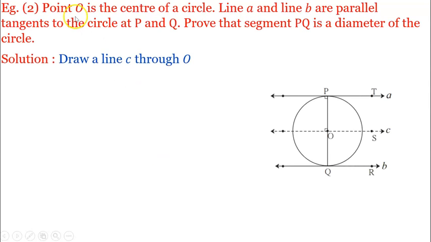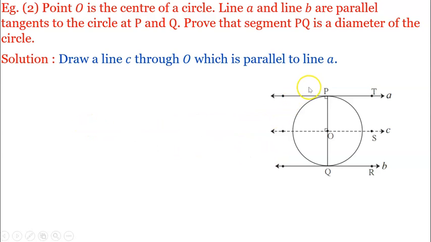Now next example. Point O is the center of a circle. Lines A and B are parallel, tangent to the circle at P and Q. Prove that segment PQ is a diameter of the circle. Here we have to prove that P, O, Q are collinear points.